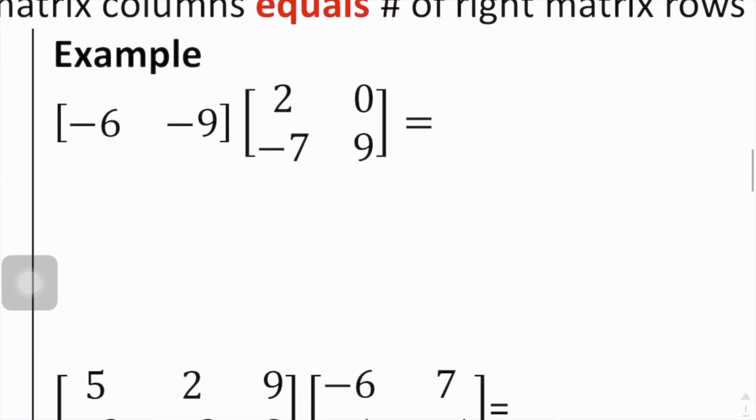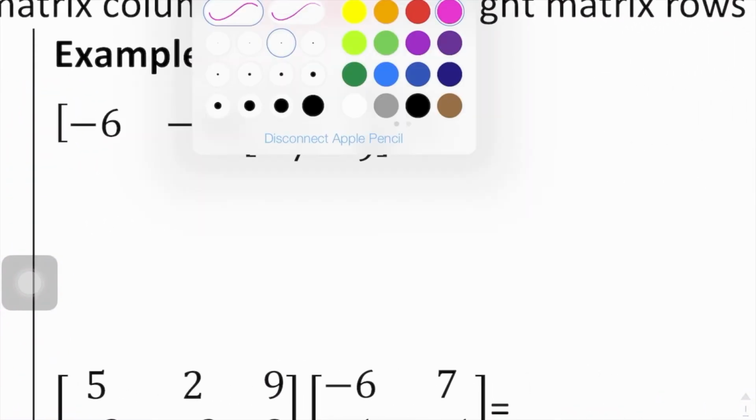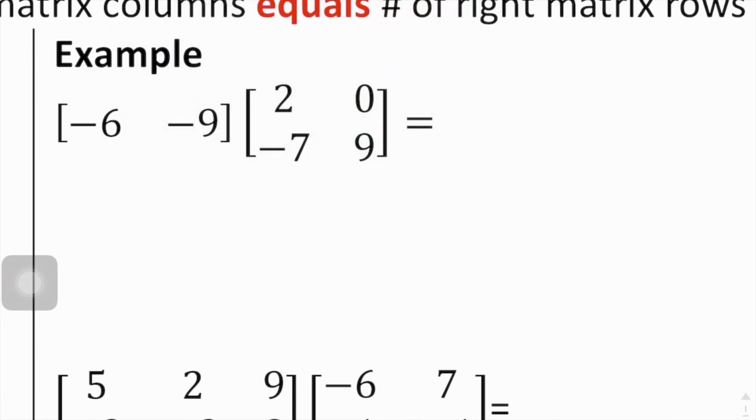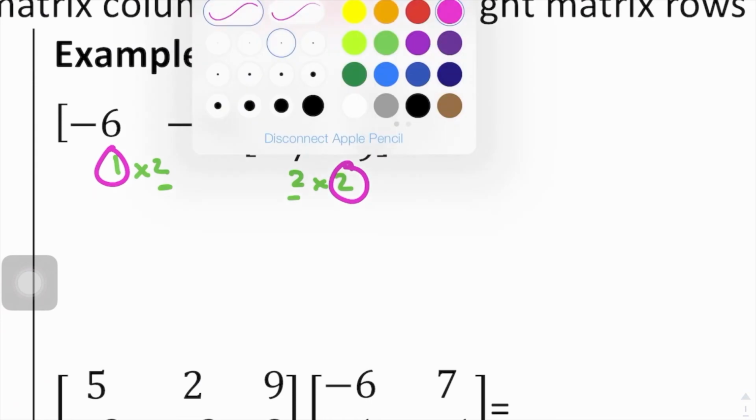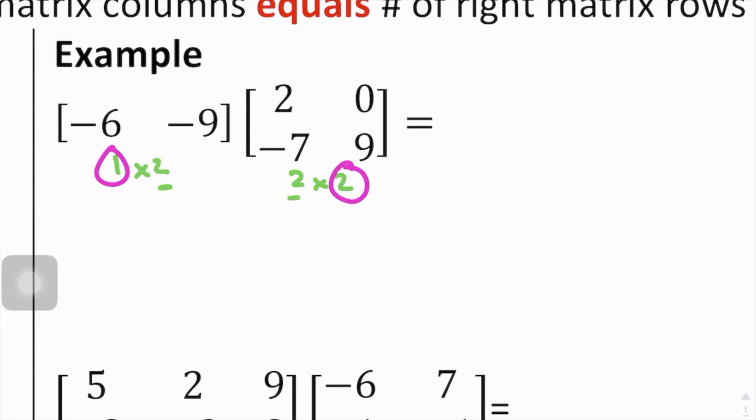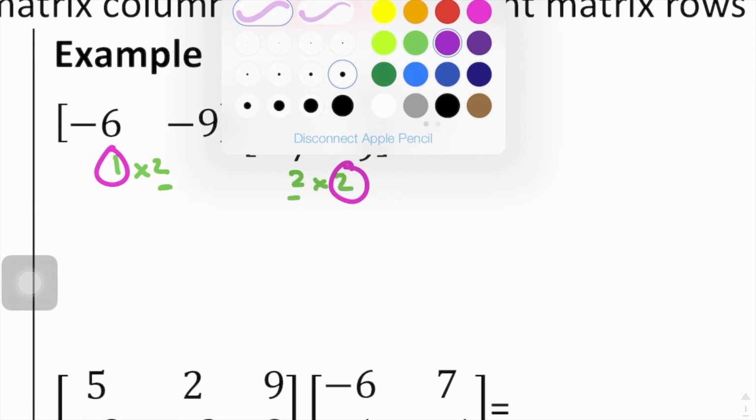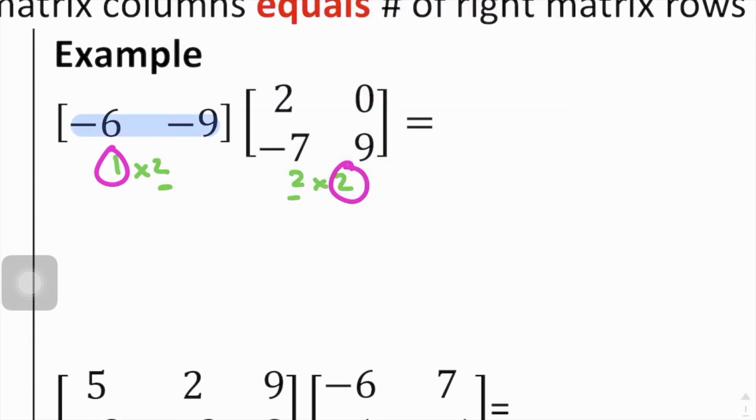So taking a look at this particular example, again I'm going to double check those dimensions. This is a 1 by 2, and this is a 2 by 2. So those numbers match. I'm going to end up with a 1 by 2. If I write that out, I'm going to take this row, and sometimes it helps to have some organizers too. It's going to multiply this column.